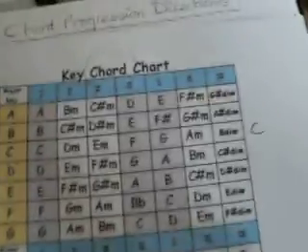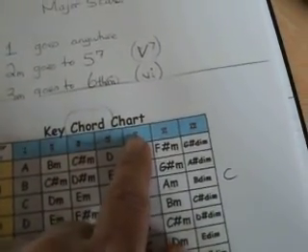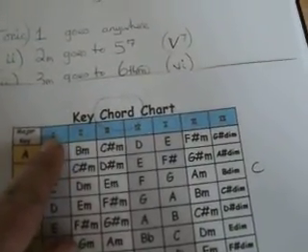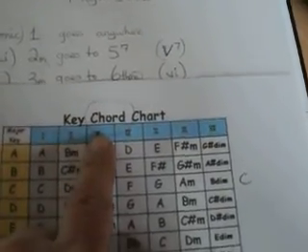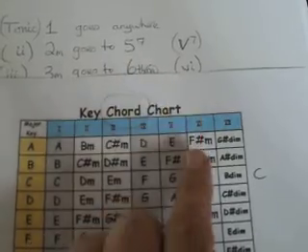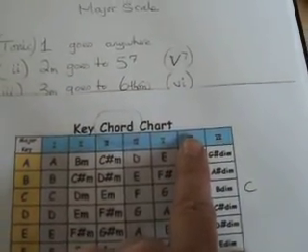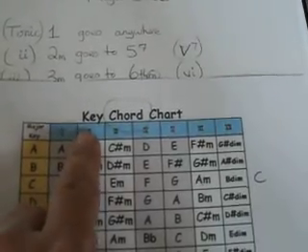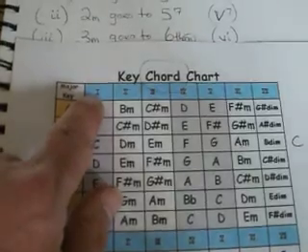Your 2, remember there, 2 goes to 5. 5 goes to 1. 1 goes anywhere. Let's go to 3 then. 3 wants to go to 6. 6 wants to go to 2. Again 2 wants to go to 5. 5 wants to resolve to 1.